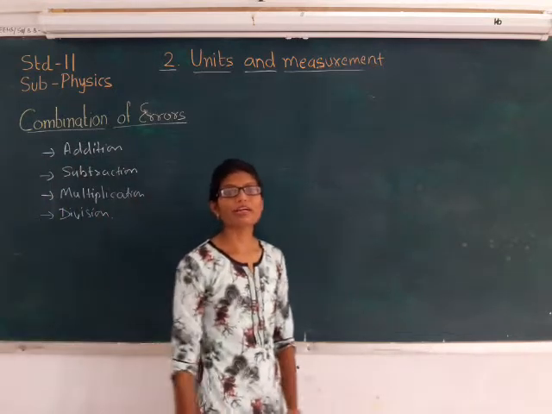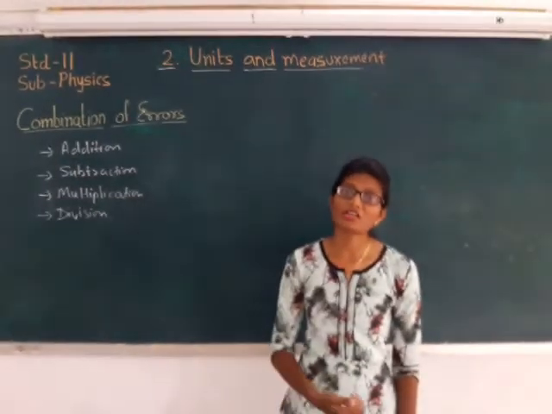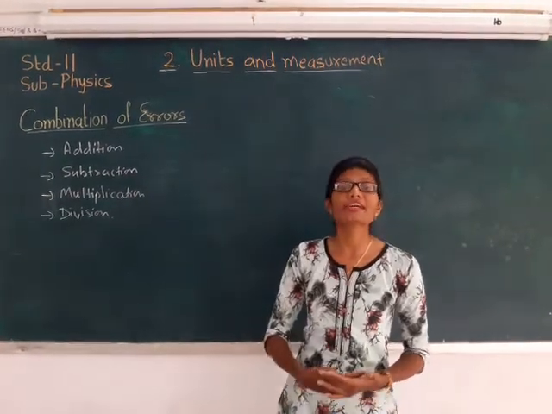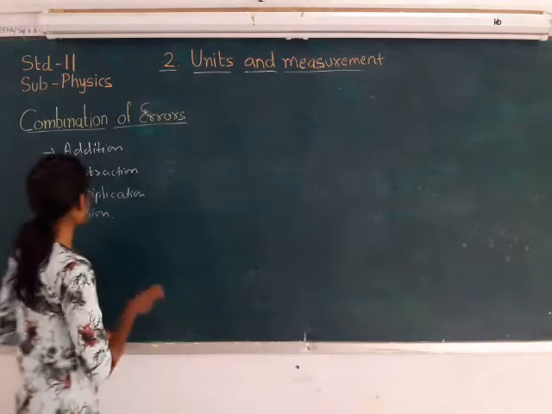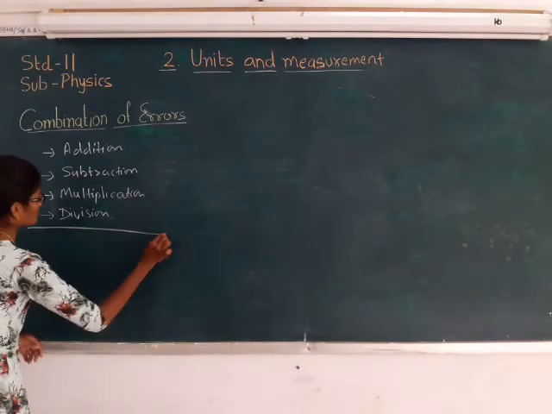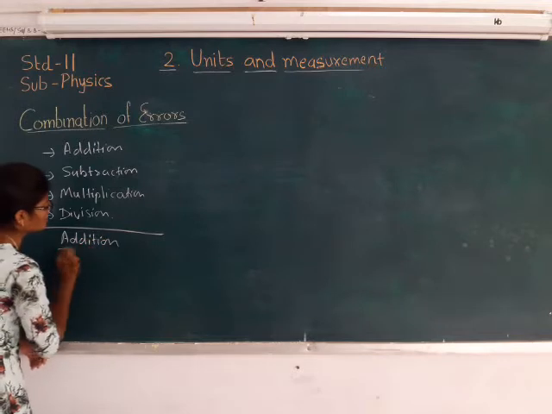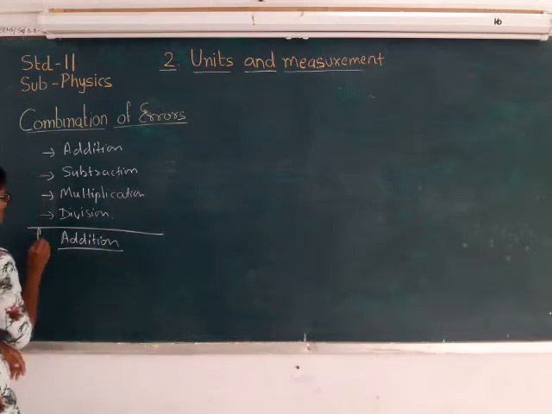So error can be combined in four different mathematical operations, right? These four operations, that is addition, subtraction, multiplication and division. So first of all, let us see how the errors combine in addition.